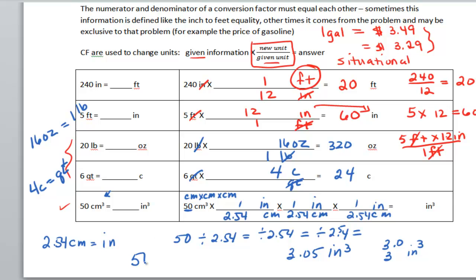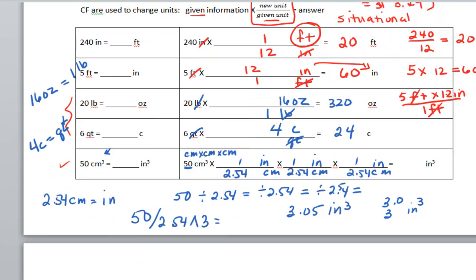So you could go 50 divided by 2.54. Typically you use the up key to take it to the 3rd power, and that's a little bit easier input. But cubic measurements, I just can't put in 2.54 centimeters per inch. I have to put it in 3 times.